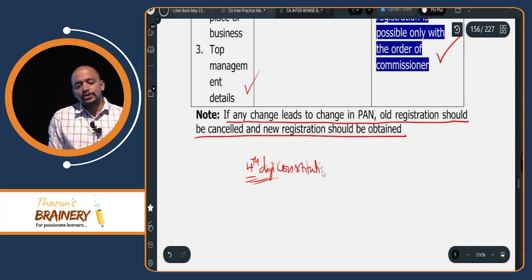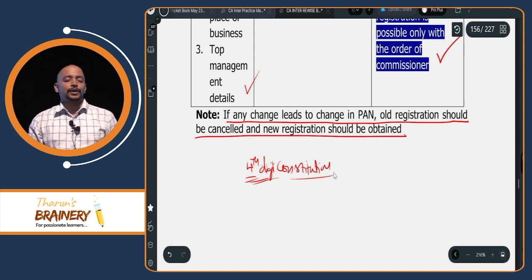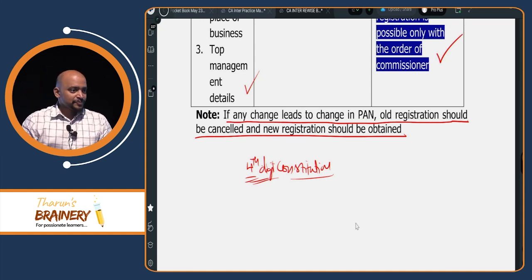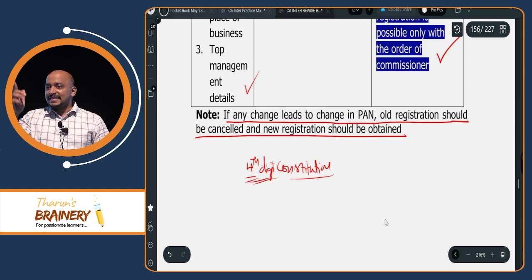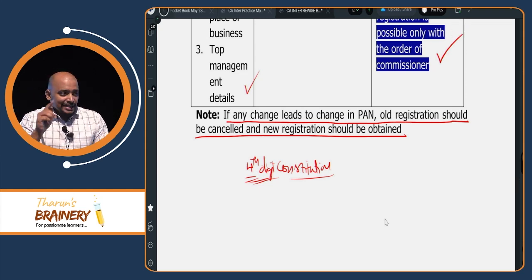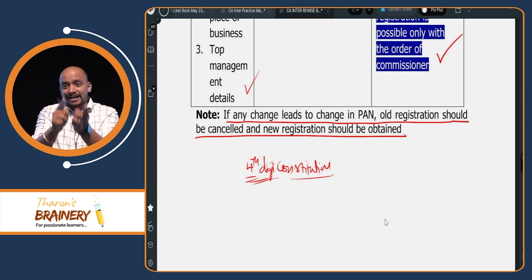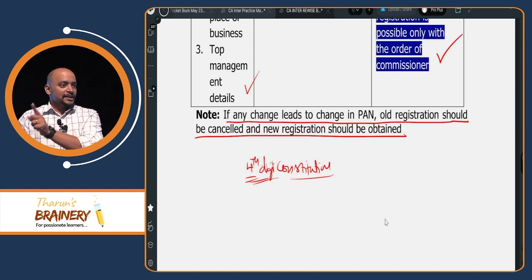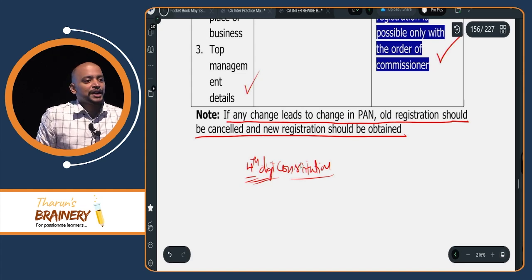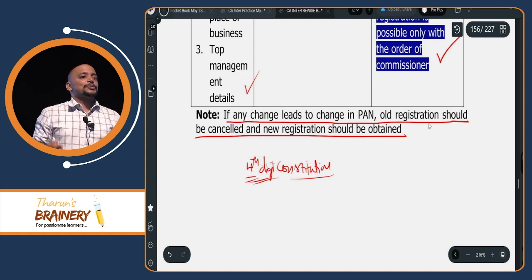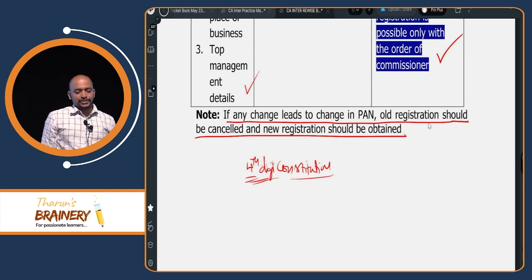For example, just run through your permanent account number. It will have P; the 4th digit will be P. For a company, it will be C. For a firm, it will be F. Now, an individual converted to a partnership firm, or a partnership firm converted to a company, means they need to get a new permanent account number. So can they continue with the registration? No. They need to cancel the registration and make an application for new registration.